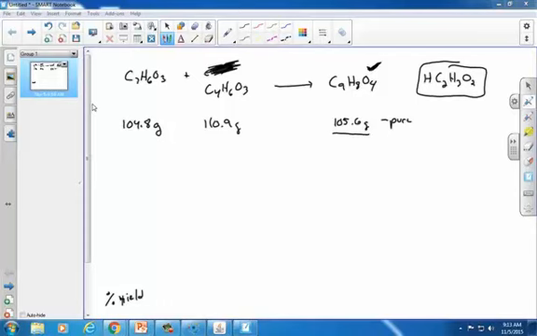Just like any measure of success, you have to compare your performance to some standard. And so in the performance of a reaction, we can't just say, oh, I made a bunch of products, so that was a successful reaction. Because we have to compare how much we made versus how much we could have made.